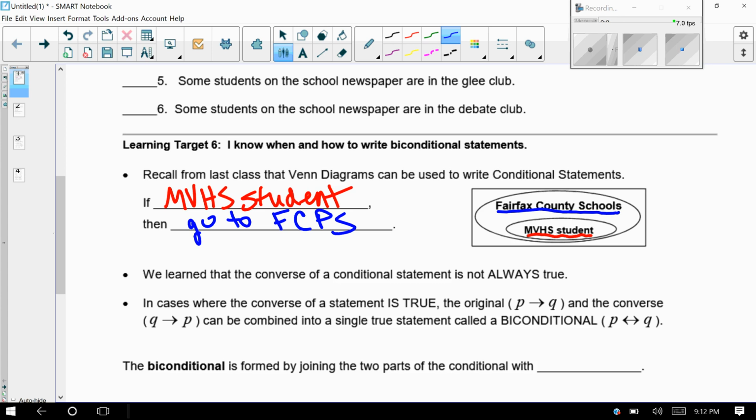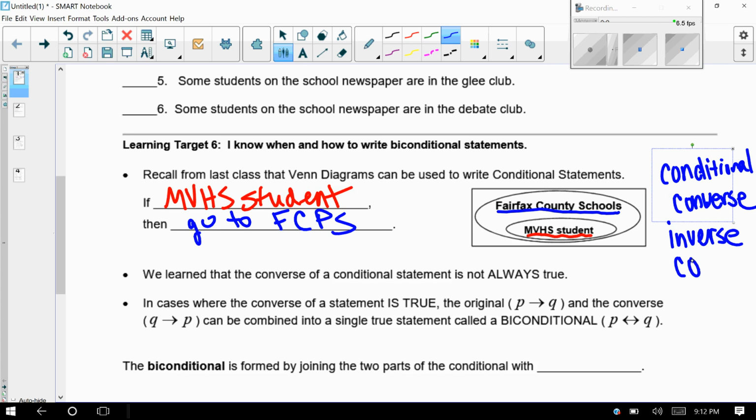Okay, we learned that the converse of a conditional statement is not always true. However, they go together in pairs. If the conditional is true, then we have the converse, and then we have the inverse, and the contrapositive.